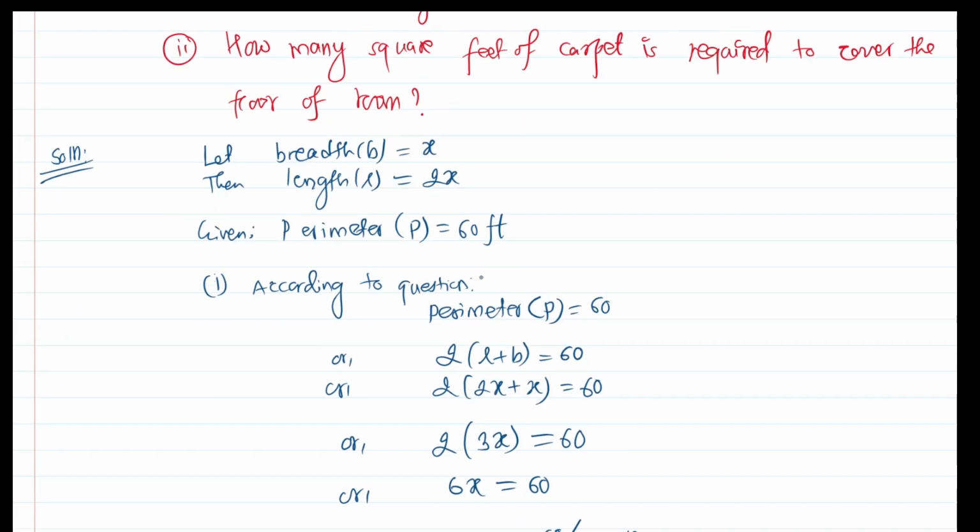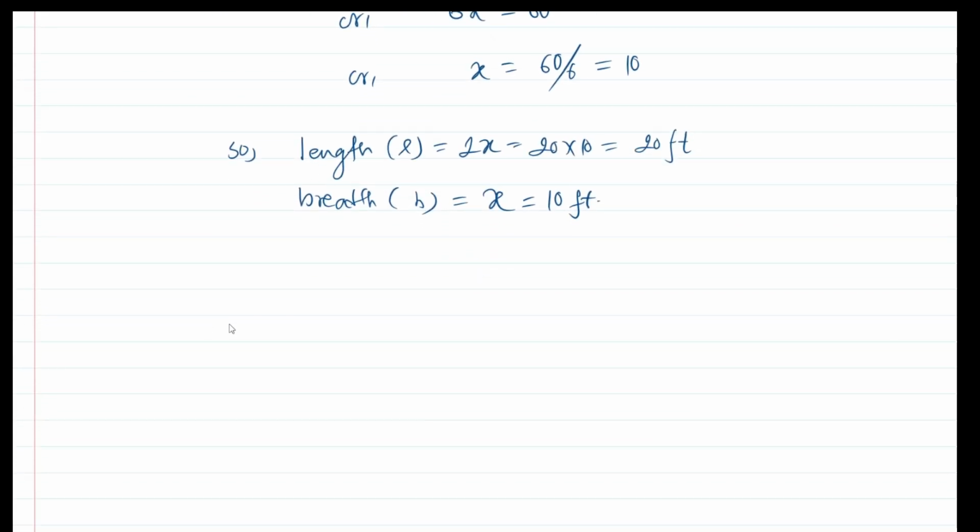So let us find the area of the floor. In the second question, we need to find the area of carpet A, that will be equal to the area of the floor, right?